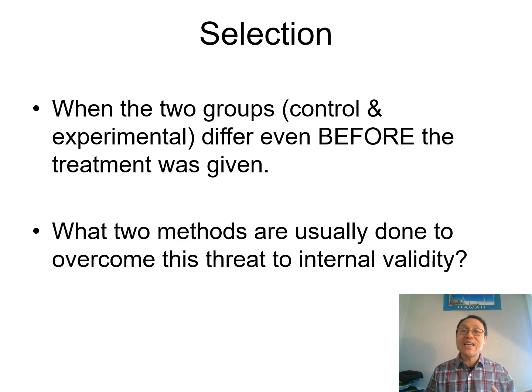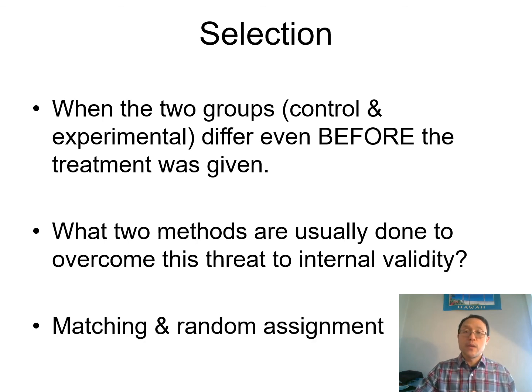That is more like subject loss and selection. Now selection itself, per se, is when you have two groups that are different from the get-go. And the way that you would want to combat, or overcome, this threat to internal validity is, one, you should do matching, and another, you should do random assignment.